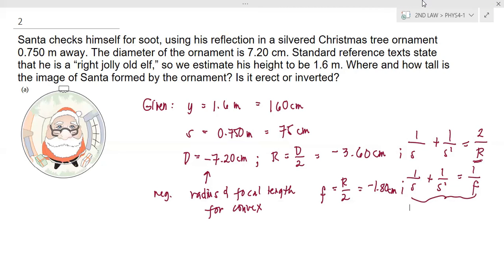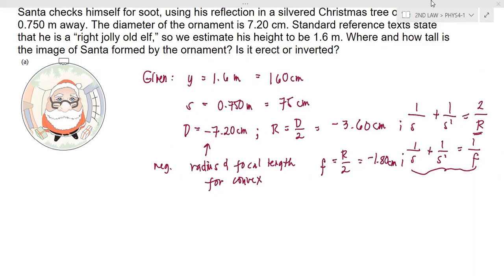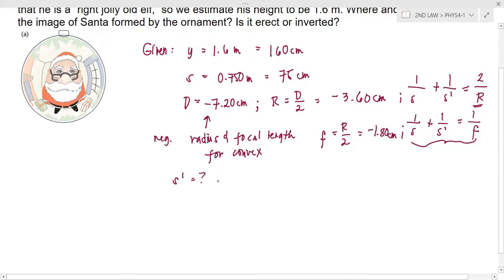For you to know, it is also possible to calculate the object or the image height using this equation. Now, in this problem, what we are going to look for is our image distance and also our image height, that's y prime.